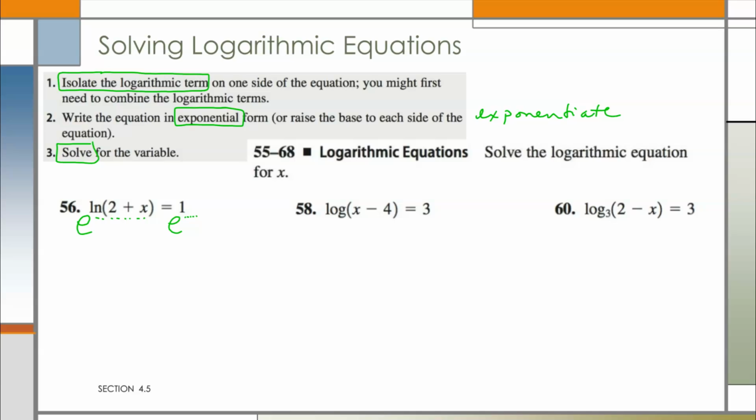Now, why we used base e is so that we can cancel out e and ln. e undoes ln, and ln undoes e. They're inverse functions. We're left with 2 plus x is equal to e to the first, and so x is e to the first minus 2. And we're going to leave this in exact form.